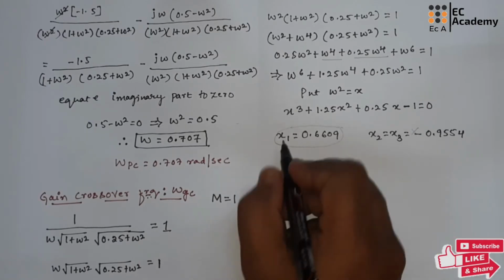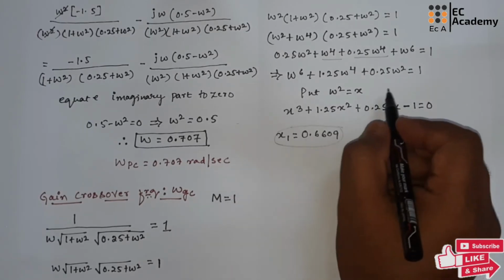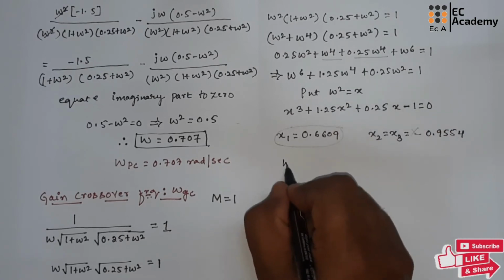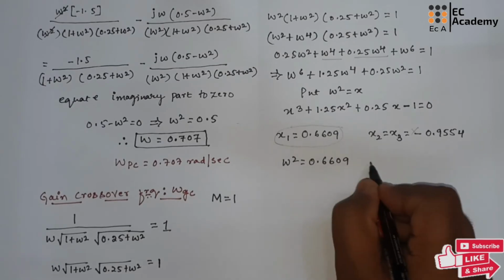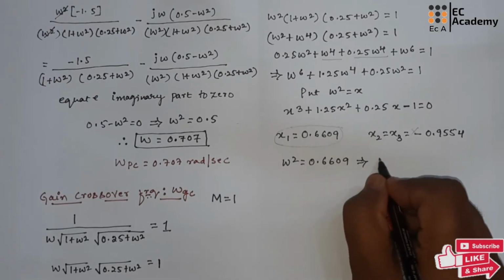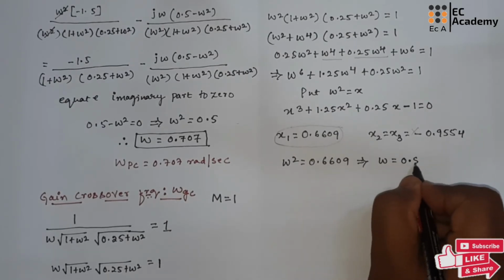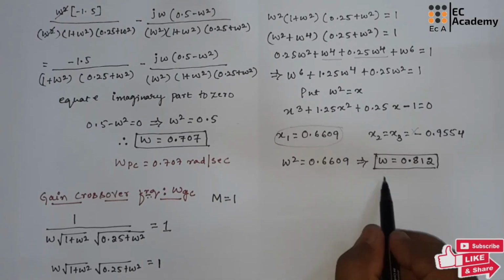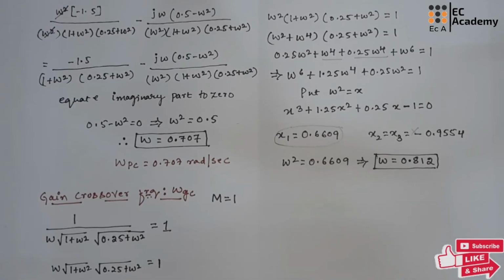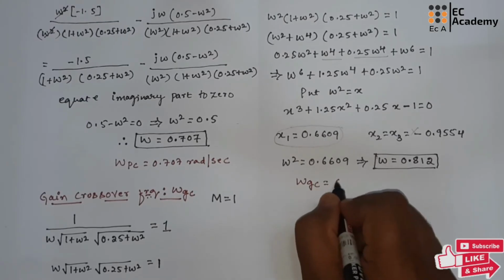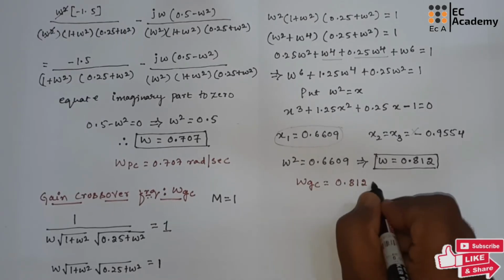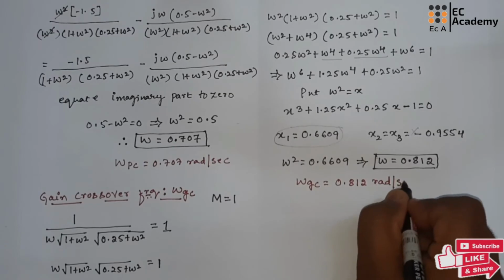If we take the positive value, we know x is equal to omega square, so omega square is equal to 0.6609. From this we will get omega is equal to 0.812. This omega value is the gain crossover frequency, so the gain crossover frequency omega gc is equal to 0.812 radians per second.